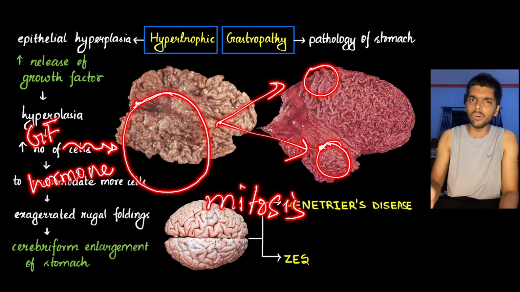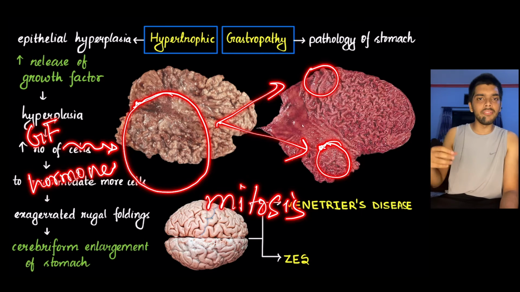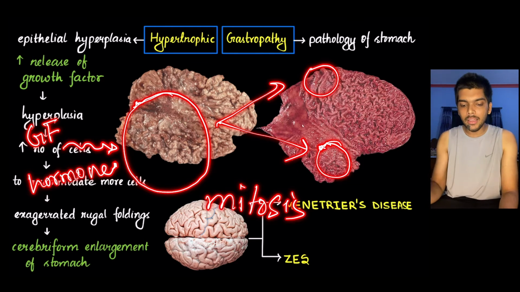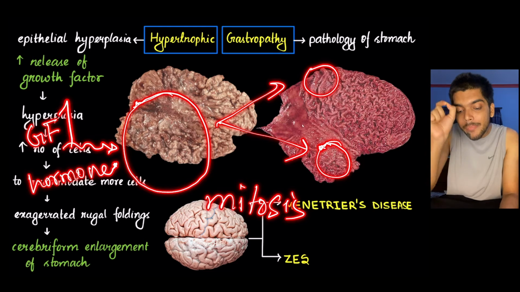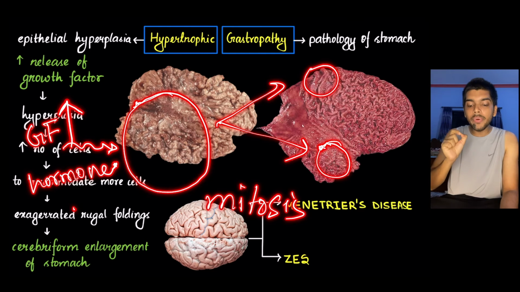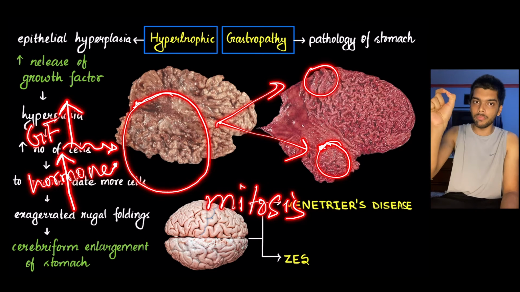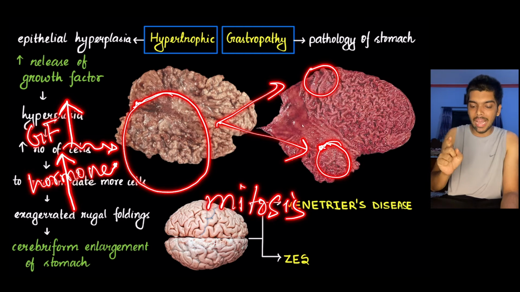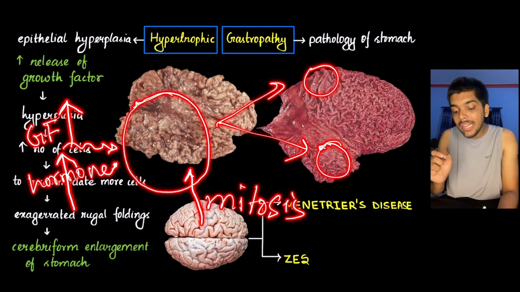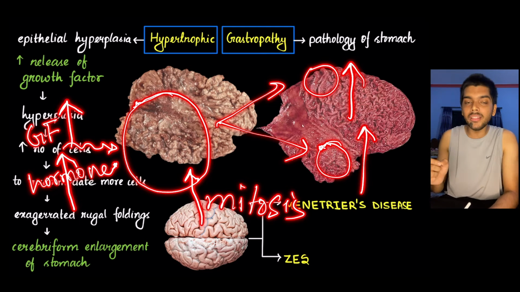Let's say there is an abnormal increment in this growth factor or in the hormone. That will trigger mitosis. As a result, there is an abnormal increment in mitosis, resulting in an abnormal increment in the number of cells.